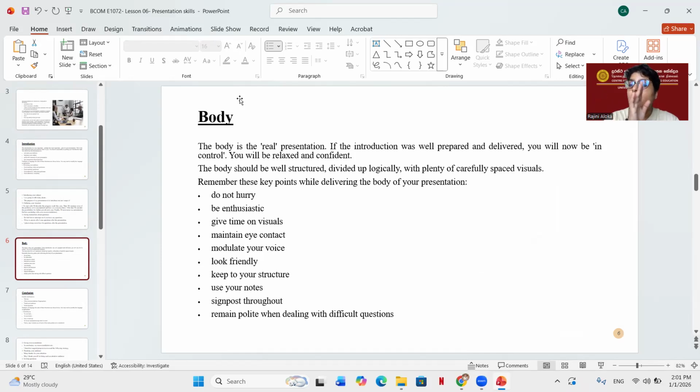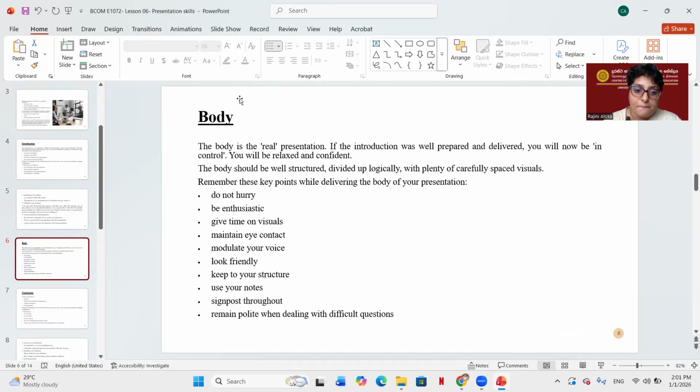You have to modulate your voice, give emphasis when it's needed, give pauses, heighten your voice and lower your voice according to the content. If you are saying something very important, you can get the attention. So pauses, emphasis, and lower and higher pitch are the things you can use to modulate your voice.